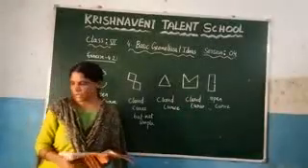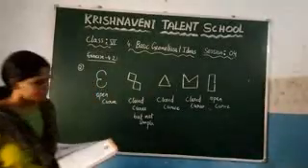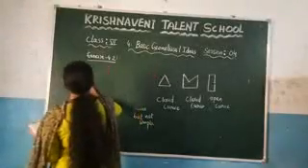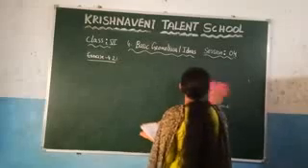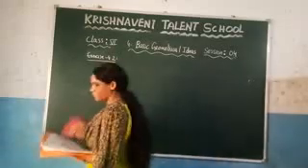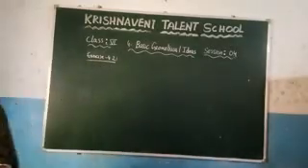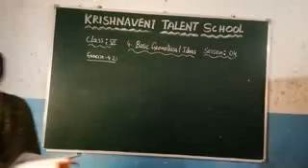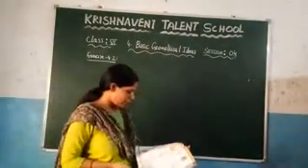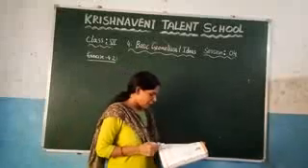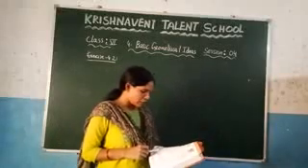Now see the third question in this. The third question they ask here: name the points that lie in the interior, on the boundary, and in the exterior of the figure.